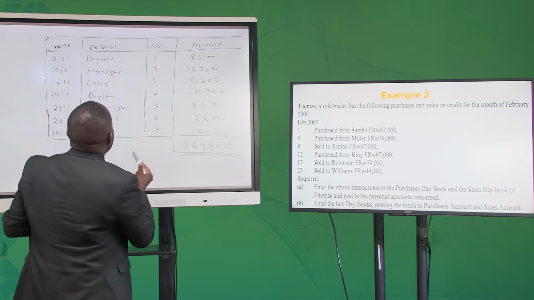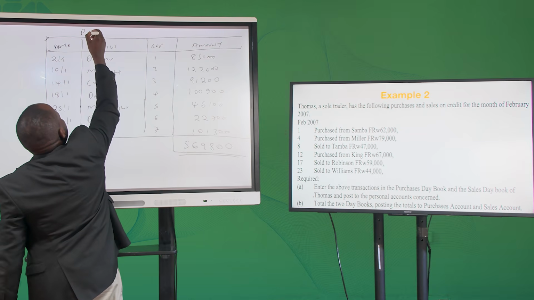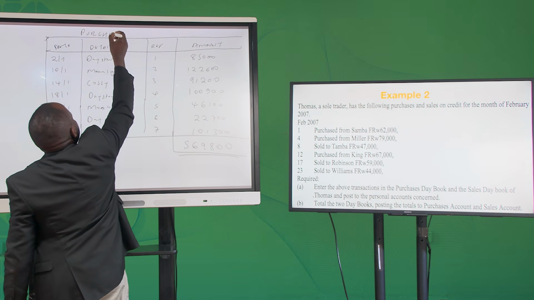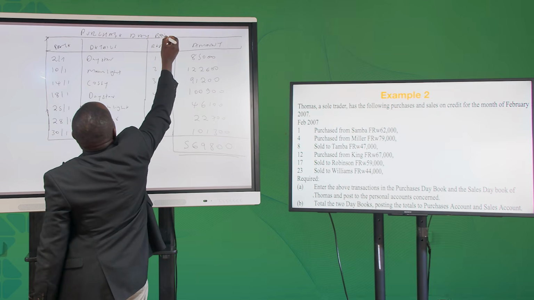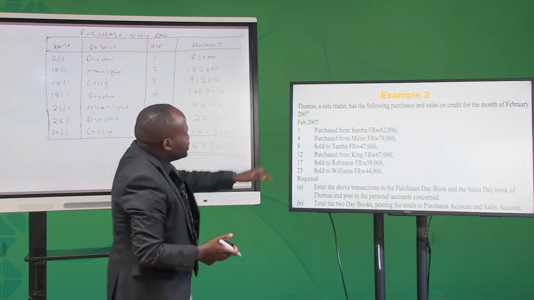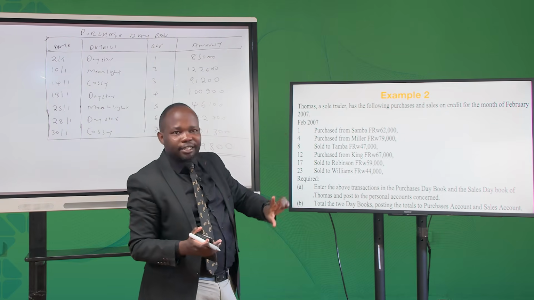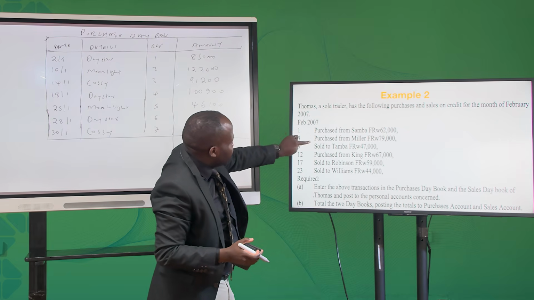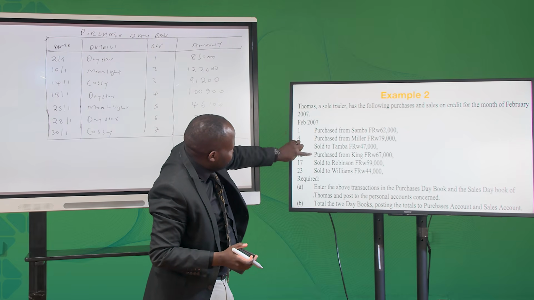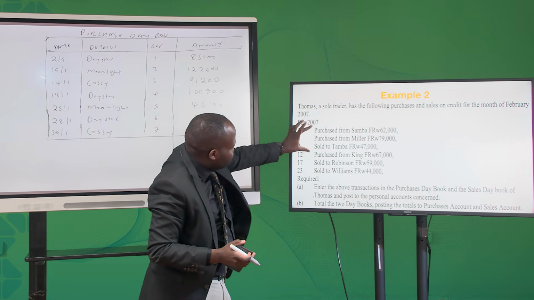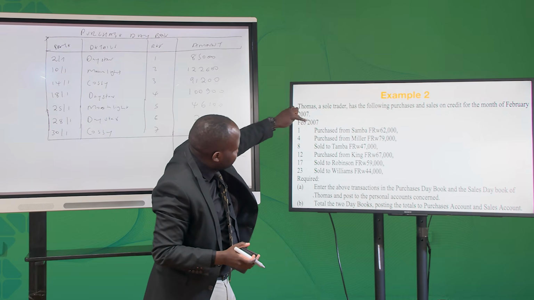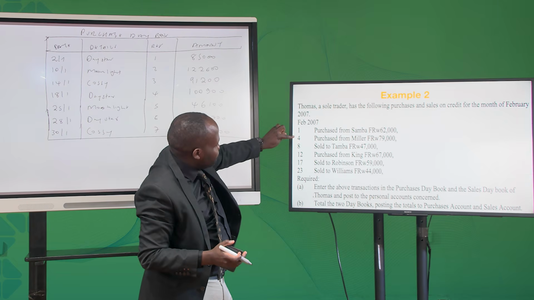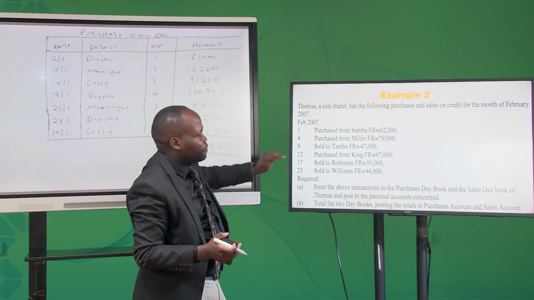So if this is our purchase day book, you identify which transactions relate to purchases. So there are 3 transactions that relate to purchases, on the 1st February, 4th February, and 12th February.